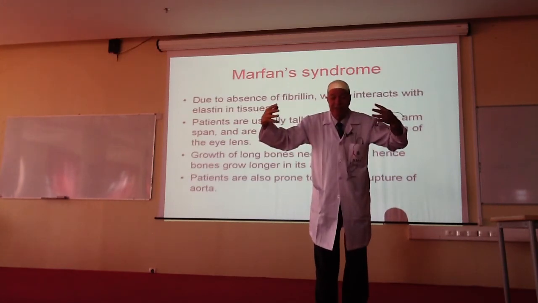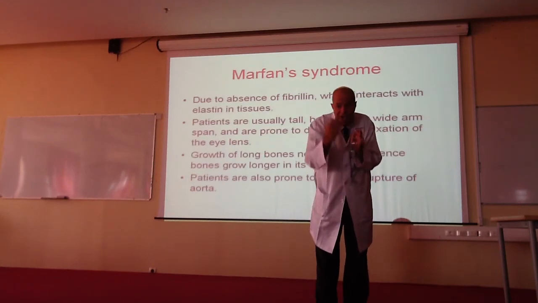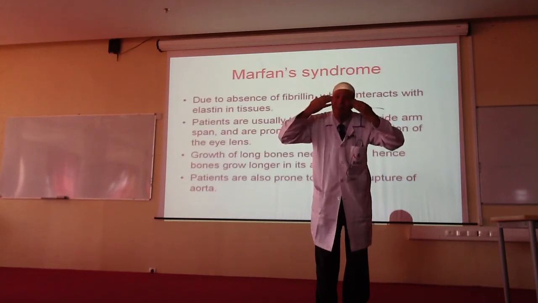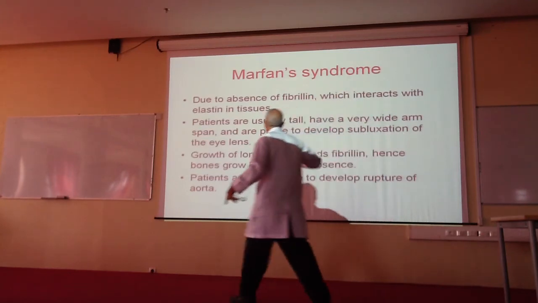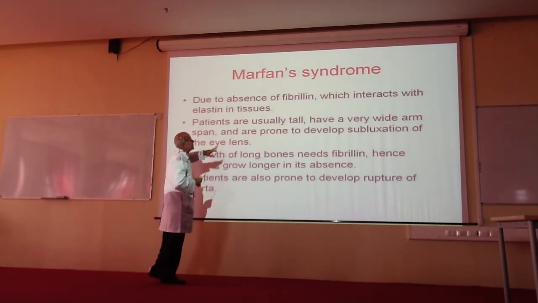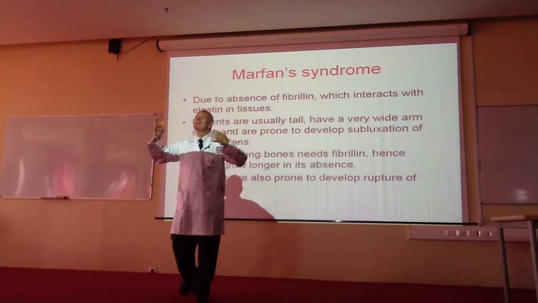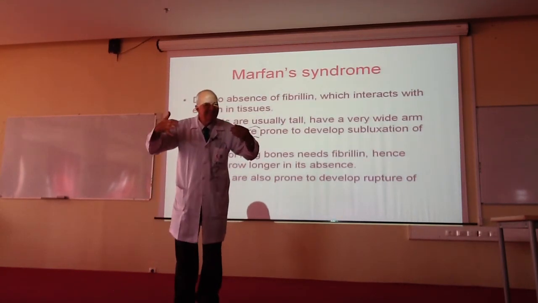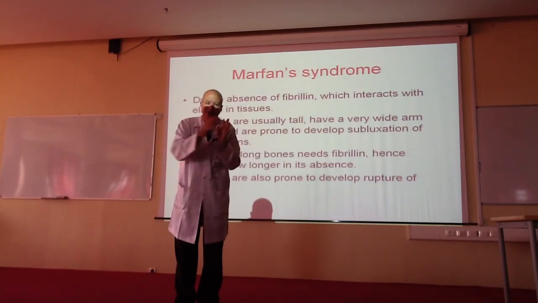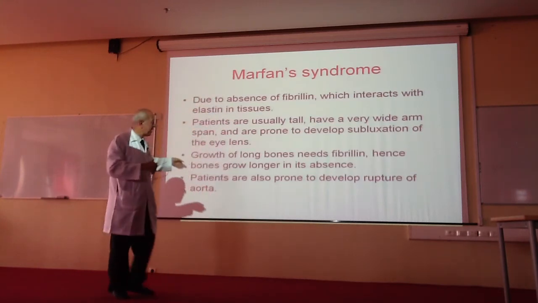When it becomes relaxed, the lens becomes thick for near vision. If the protein of this fiber is deficient, it will lead to subluxation of the lens. It will be redundant, not pulled to be thin and not relaxed to be thick. So in Marfan syndrome, this is the case.